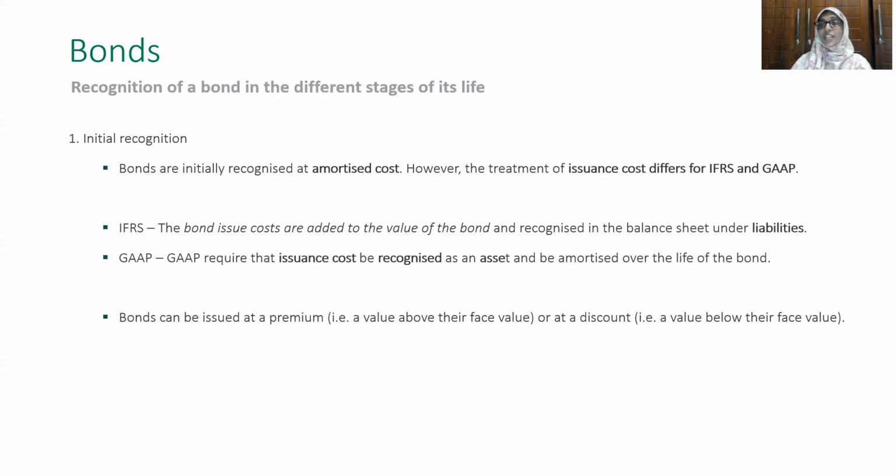Now, what is issuance cost? Issuance cost is generally the cost that you incur while trying to get the bond prepared, to supply and distribute it, all the extra expense that you put into issuing this particular bond.